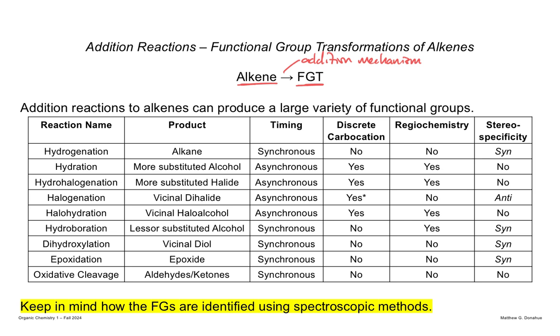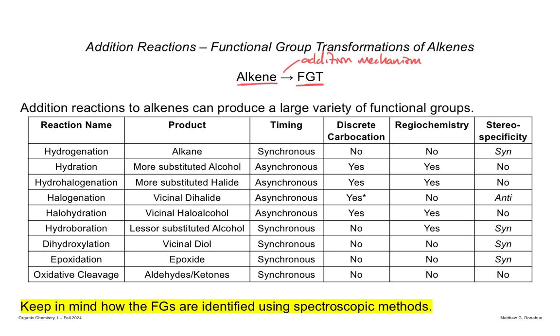So hydration is the opposite of dehydration. You're going to take an alkene and you're going to add the elements of water to it. So one carbon gets an H, the other carbon gets OH. Hydrohalogenation, you're adding HX.